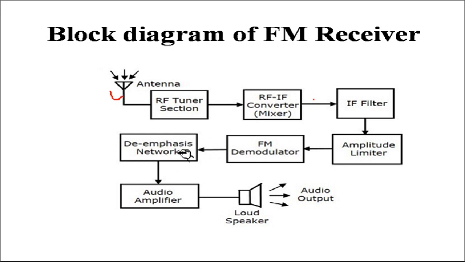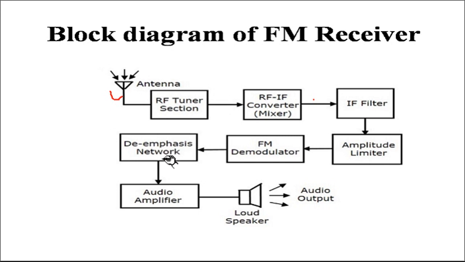Basically the de-emphasis network is a low pass filter. It does the reverse action of the pre-emphasis circuit. We know the pre-emphasis circuit is used in the modulator part, and the reverse process is done here by the de-emphasis network. So it acts as a low pass filter, and the pre-emphasis circuit acts as a high pass filter.